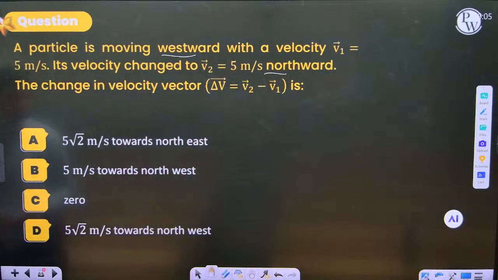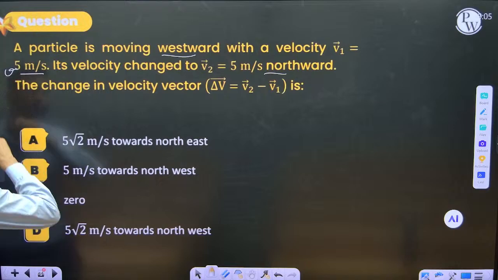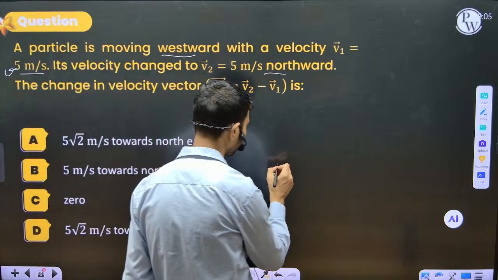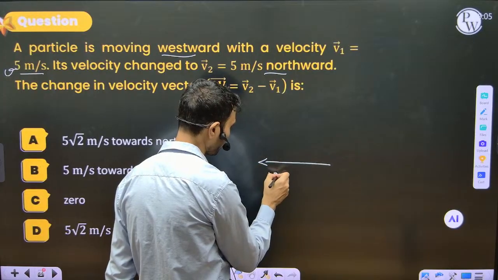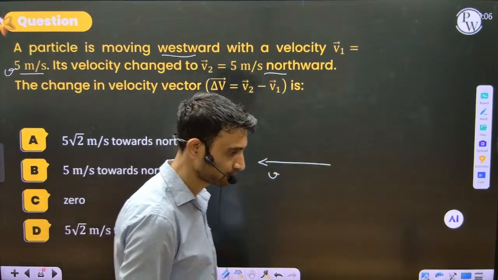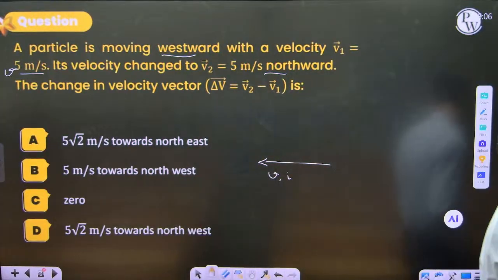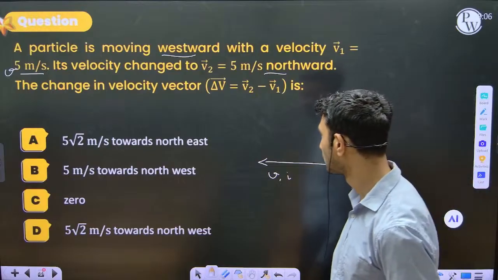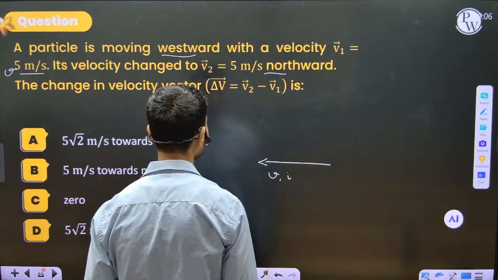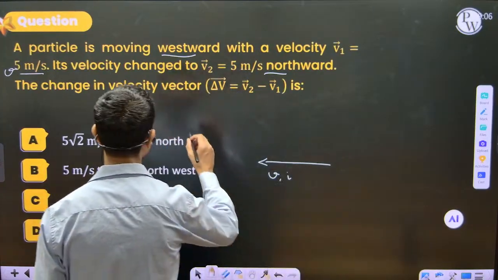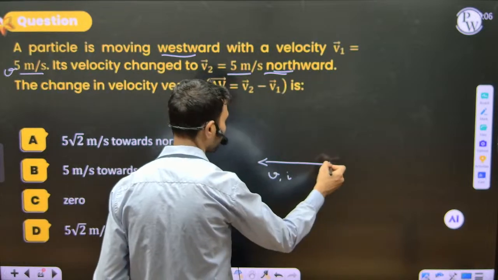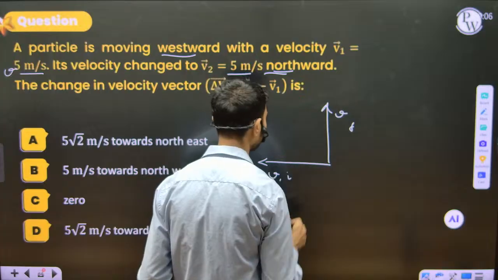So let's do this. Initially it is westward 5. Let's call it u. So this is u in the west direction initially. And then finally it is u in the north direction.